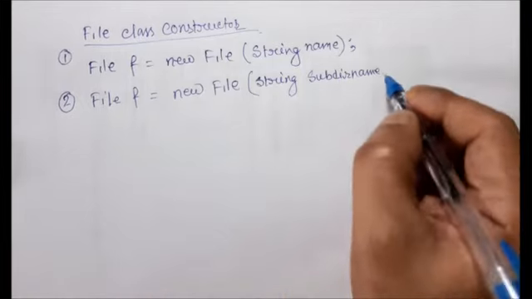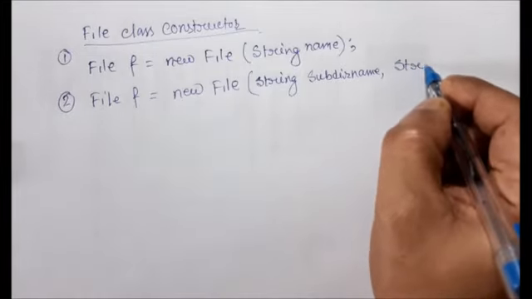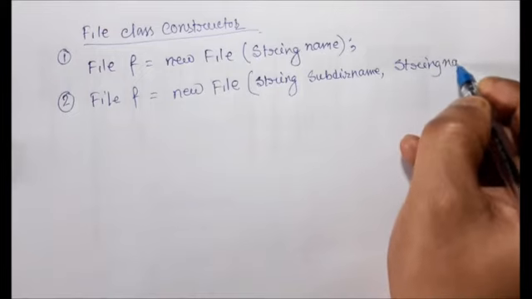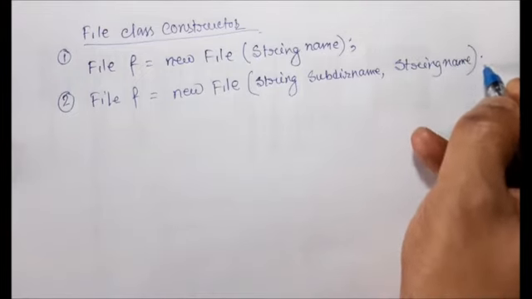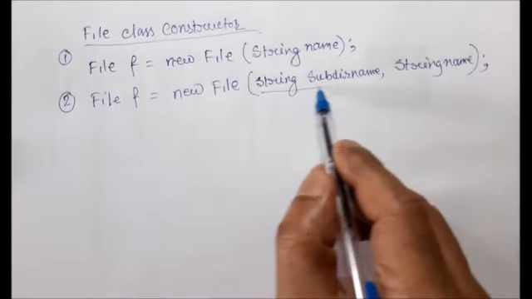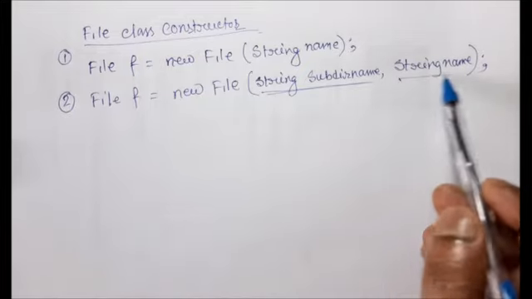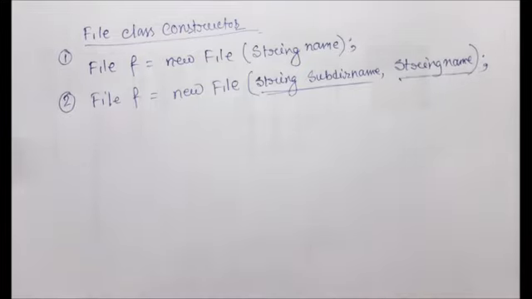I am writing in short: subdirectory name, then string name, right. So, this second constructor is used if I want to create a file under a directory. How many arguments are there? Two arguments. The first argument is the string path where you want to create the directory, the subdirectory, and then the name of the file I am going to pass as an argument.